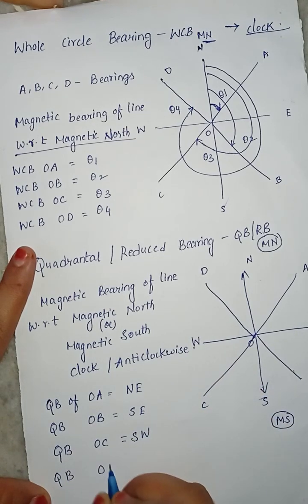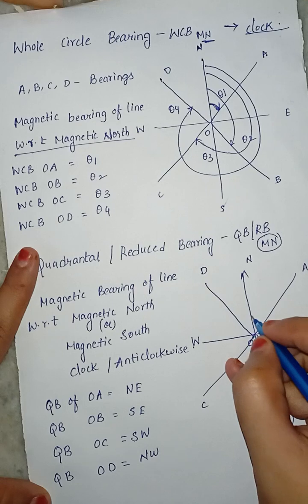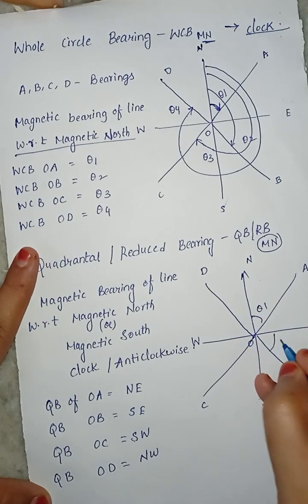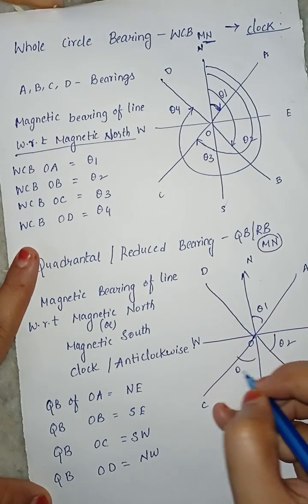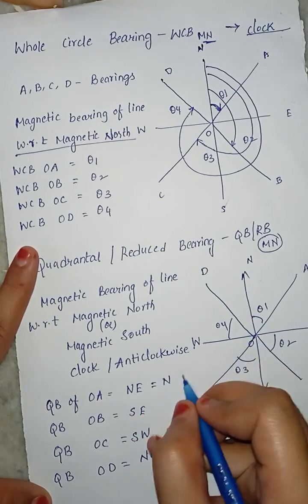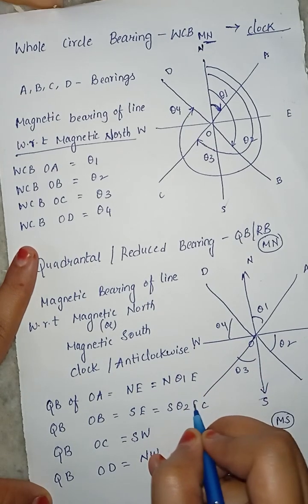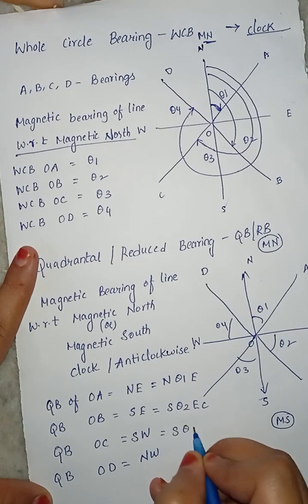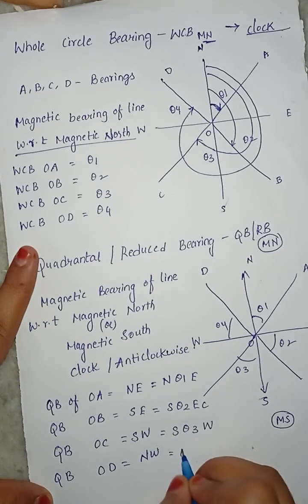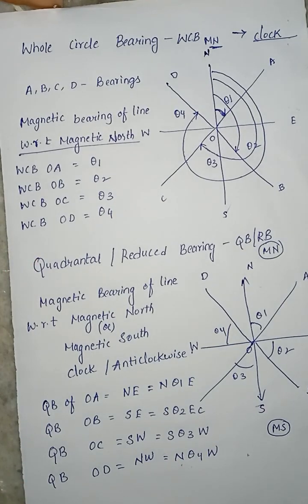Quadrantal bearing of line OD. North, west. If there is any angle, this is theta 1, theta 2, theta 3, theta 4. We can take in a north, theta 1 east, south, theta 2 east, south, theta 3 west, north, theta 4 west. So this is about the quadrantal bearing or reduced bearing.